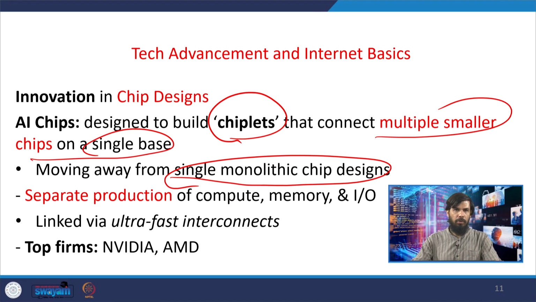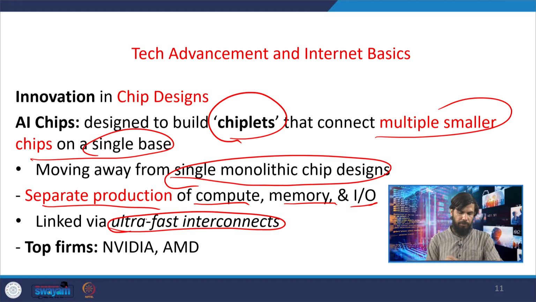So what can happen because of this? The separate production of compute, memory and IO elements. Compute, memory and IO elements can be separately produced, and then they can be linked via ultra fast interconnects, right. So, ultra fast interconnects are being used as part of the chiplets, with multiple small chips, and separate production of these can happen.